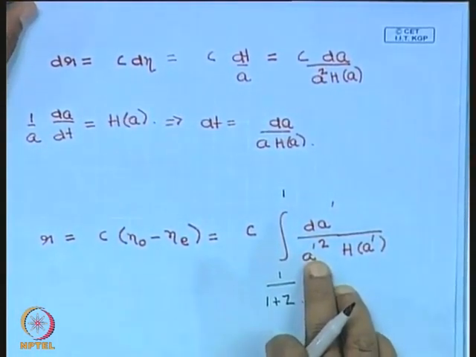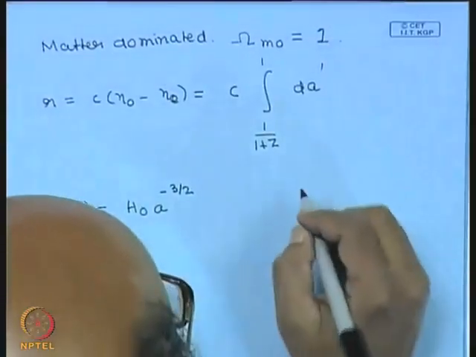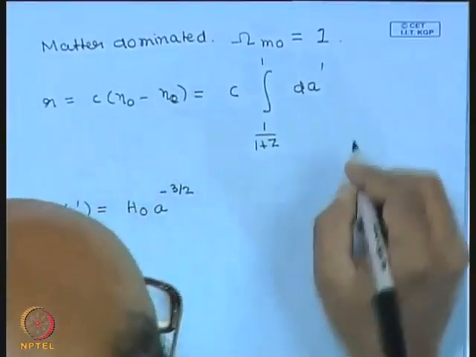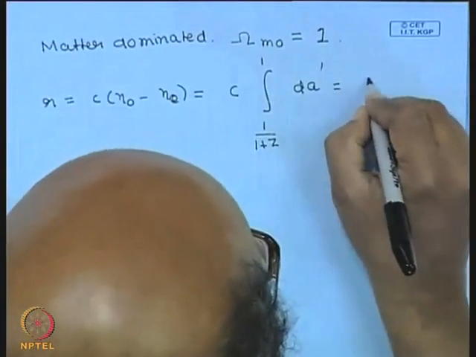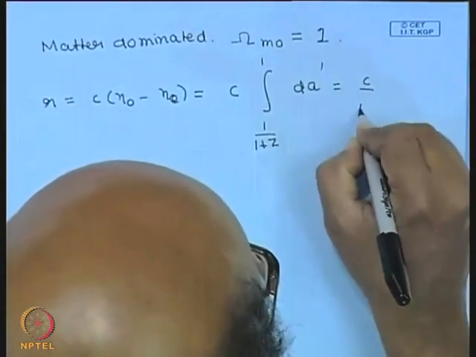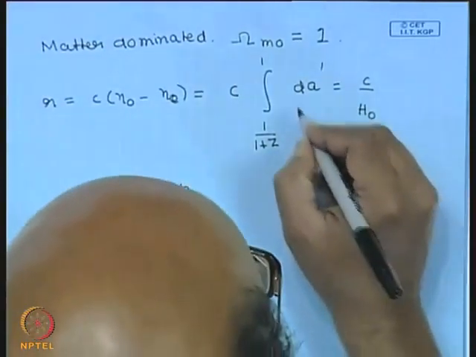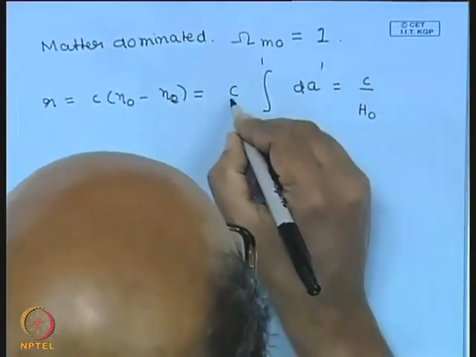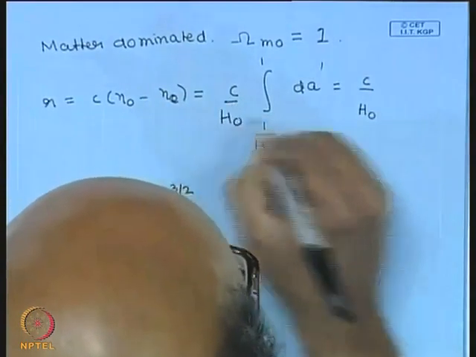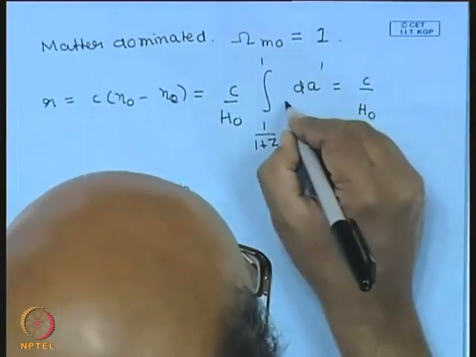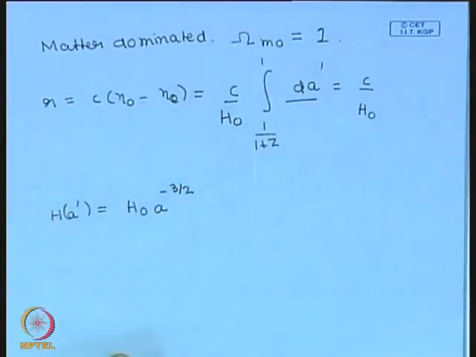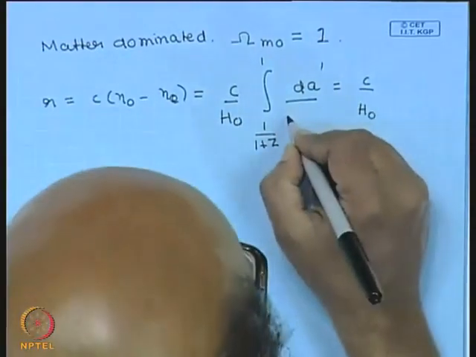So the integral that I have to do is essentially c by H naught, I have taken the H naught outside, I could have done it here itself, c by H naught divided by the square root of a to the power half.